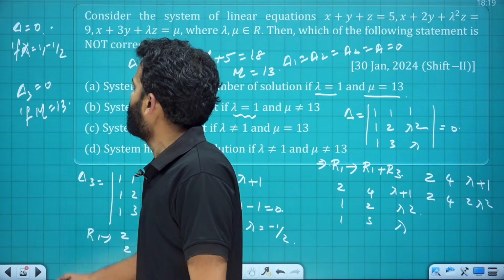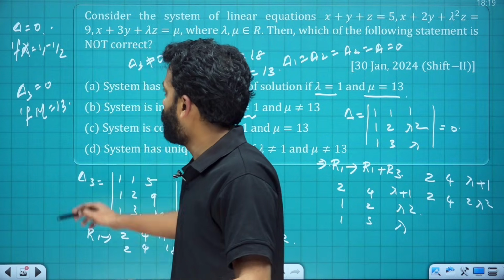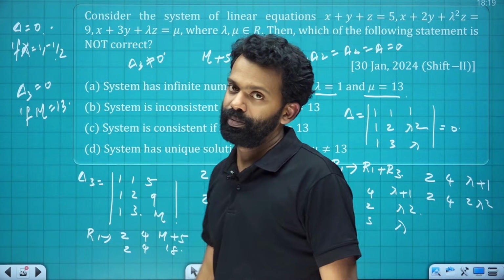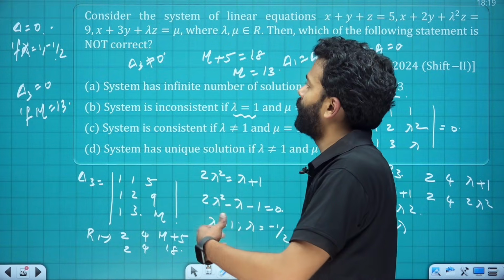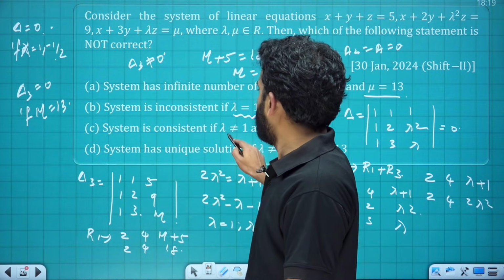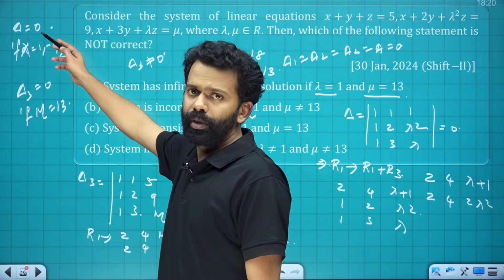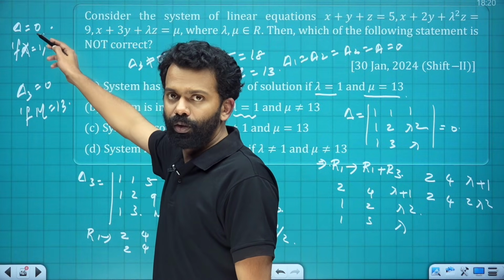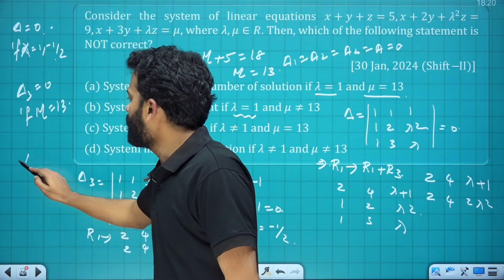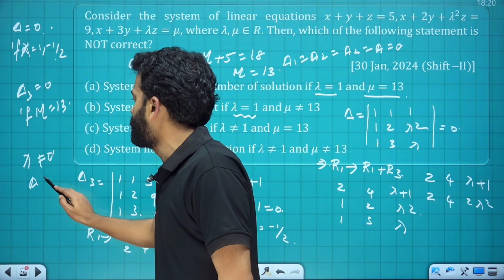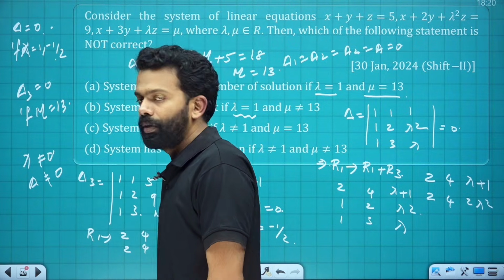If lambda not equal to 1, then there is also a possibility that lambda can take the value minus 1 by 2. We can consider both the cases. If lambda not equal to 1, then there is a chance that this won't be equal to 0.